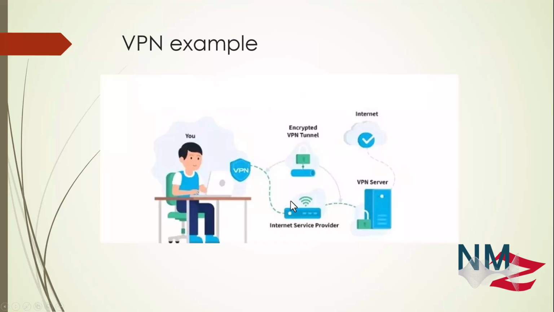For example, you are connected to your home Wi-Fi, and when you try to connect, this VPN will make a secure tunnel between the PC and the VPN server, and then the VPN server of course has access to the internet, and all the traffic from the internet comes to the VPN server, and through this secure tunnel will come to your PC.